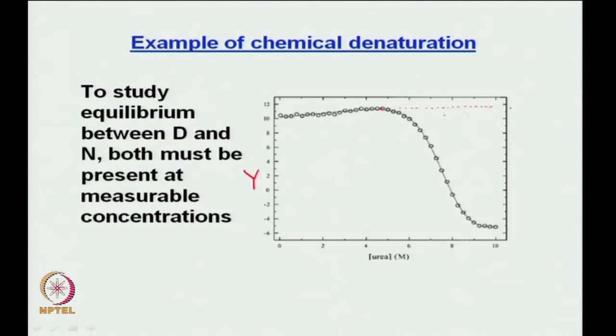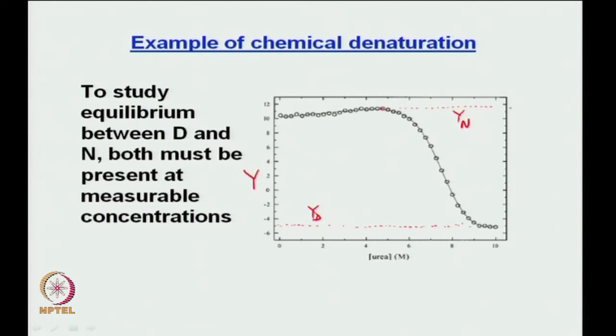This would be y of n, because this is where I am starting from. At 0 concentration this is the highest, this is your folded state, and then, not drawn to scale though, this is y of d. Okay.